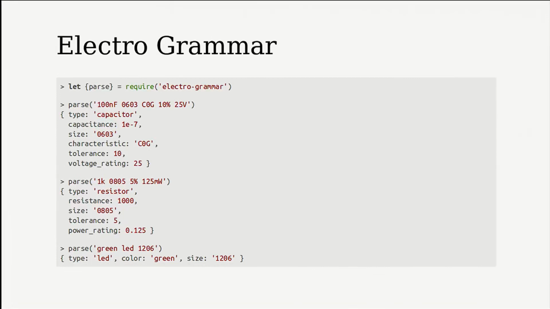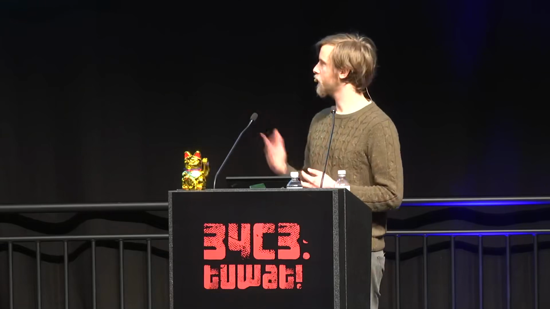So the idea here is that as electronic hobbyists or engineers, we already use quite a specific, restricted language to describe circuits and components. So if we take advantage of what people already know, we could use that as a programmatic input as well.